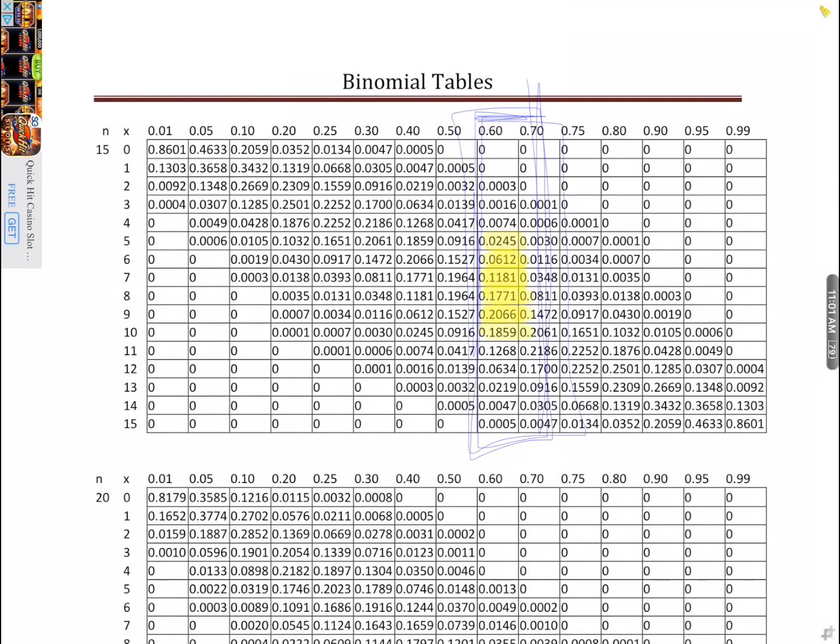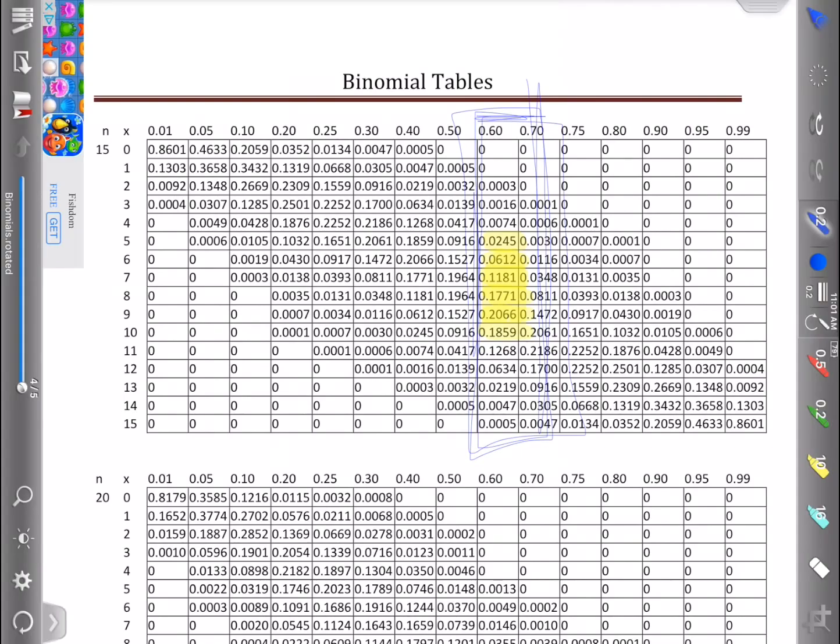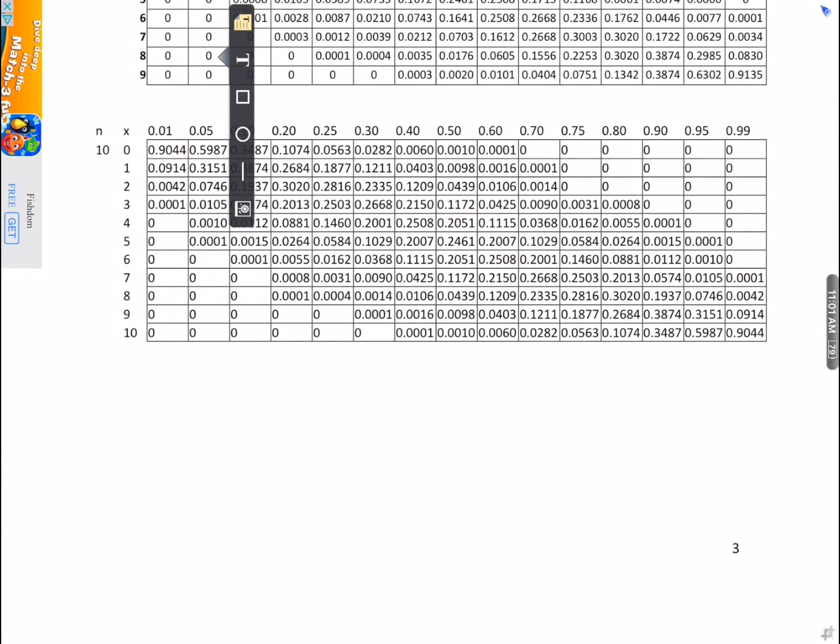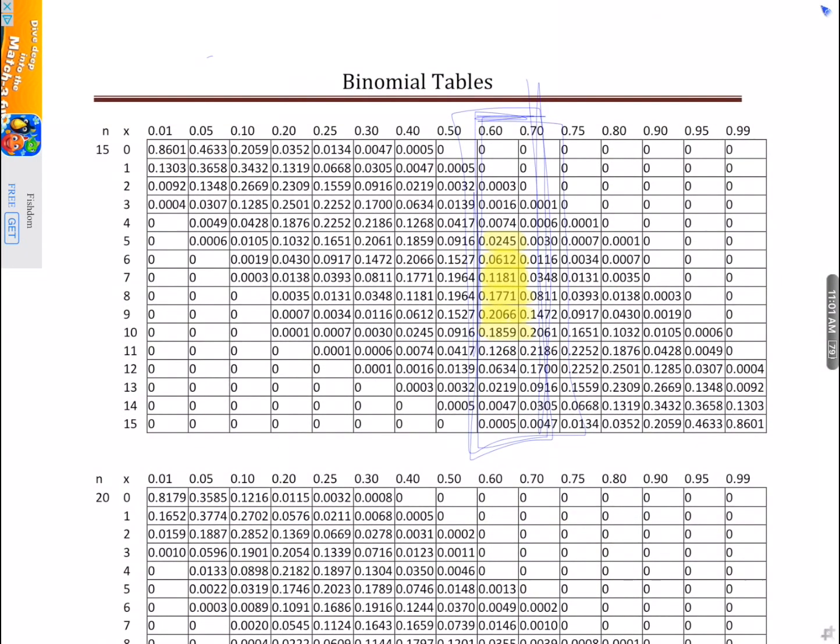And then all we want to do is take these numbers and add them up. And when we do that, we get that our final answer is 0.7734. So the probability that between 5 and 10 people have a college degree is just over 77%.